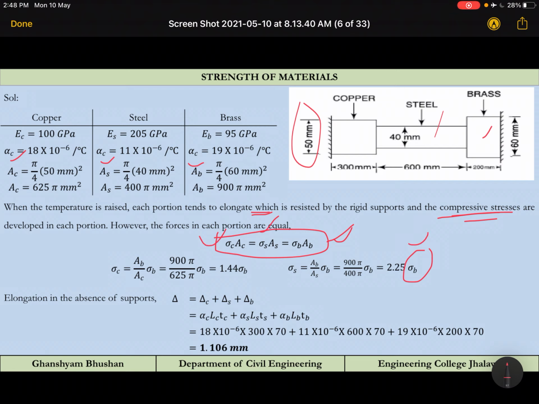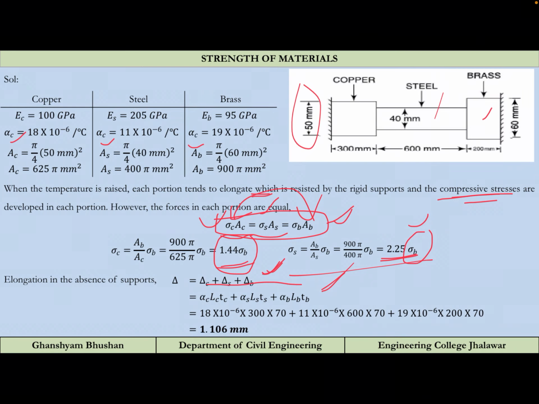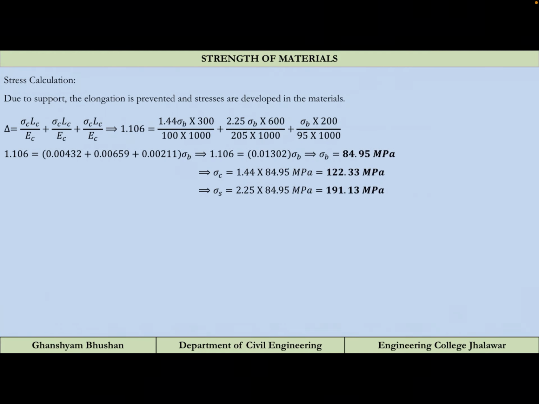This is the total elongation, but this is not being allowed. It will be resisted by the compressive stresses generated. So due to the support, the elongation is prevented and stresses are developed in the material.